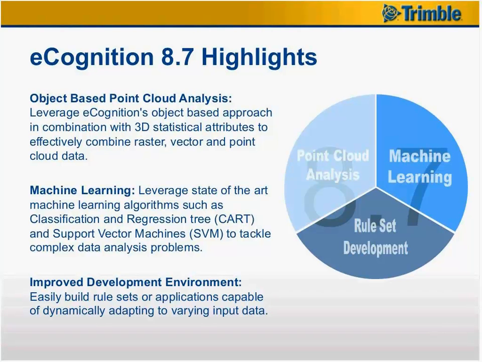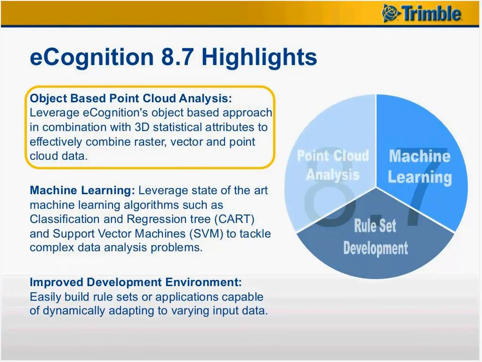We released this version in September last year, and our customers with a valid maintenance contract can download and install and use the software. The first highlight in eCognition 8.7, the new object-based point cloud analysis capabilities, is the topic of this webinar, but I will give you also a small overview about the machine learning and the improved development environment.